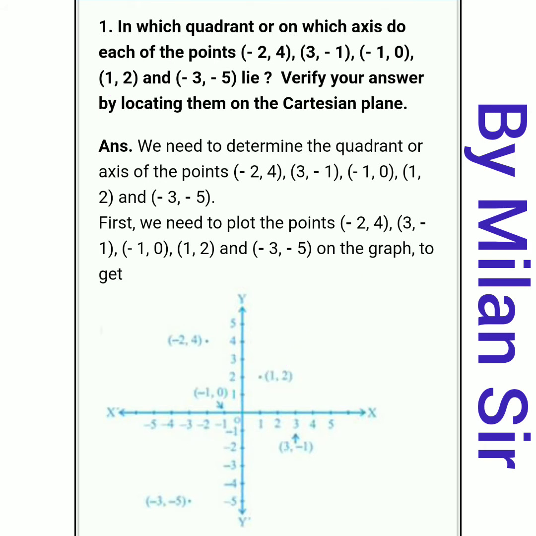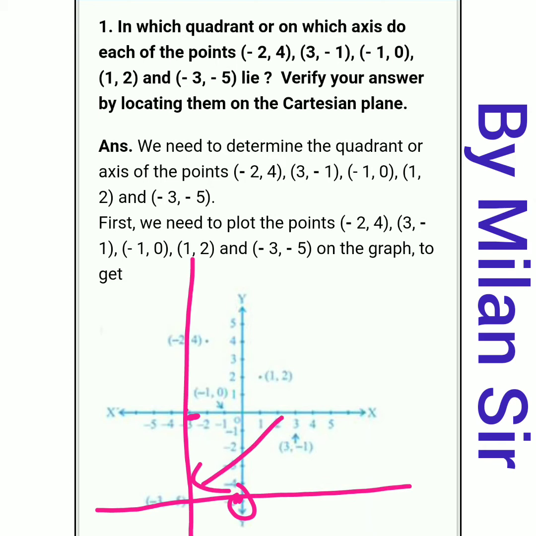Okay, at last we have -3, -5. Now first of all -3. First locate -3 on the x-axis and -5 on the y-axis. Now draw vertical and horizontal lines from these two points. So this is the intersection point.